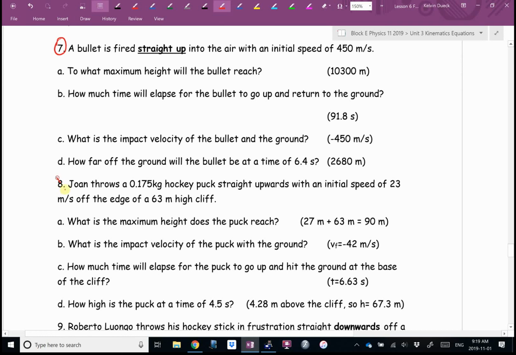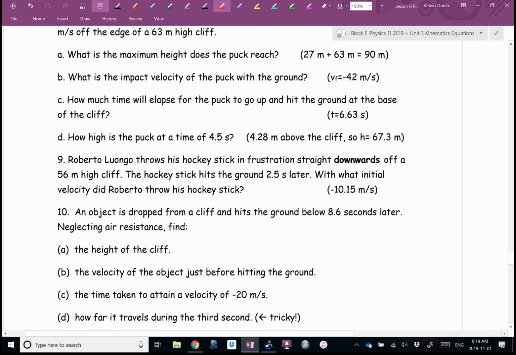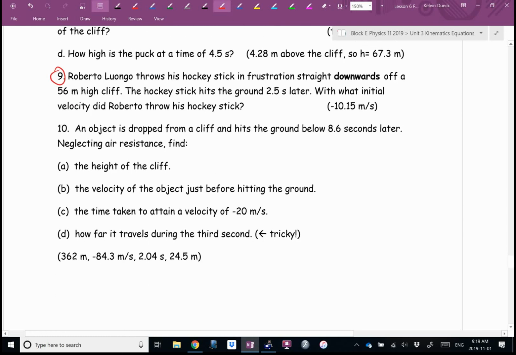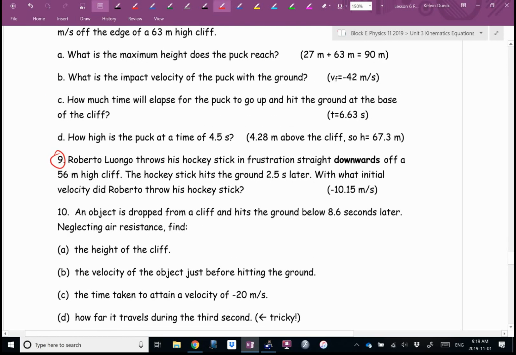You can skip 8. 9 is good. The fact that it mentions Roberto Luongo tells you around what time I created this worksheet. Yep, I crossed out 8.